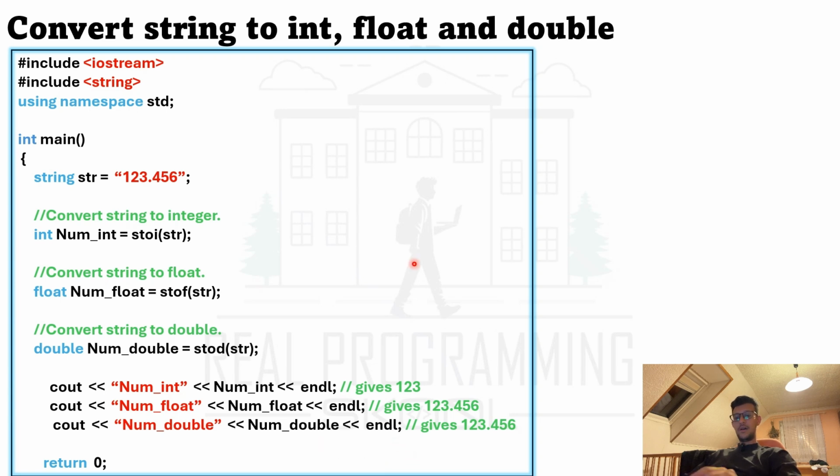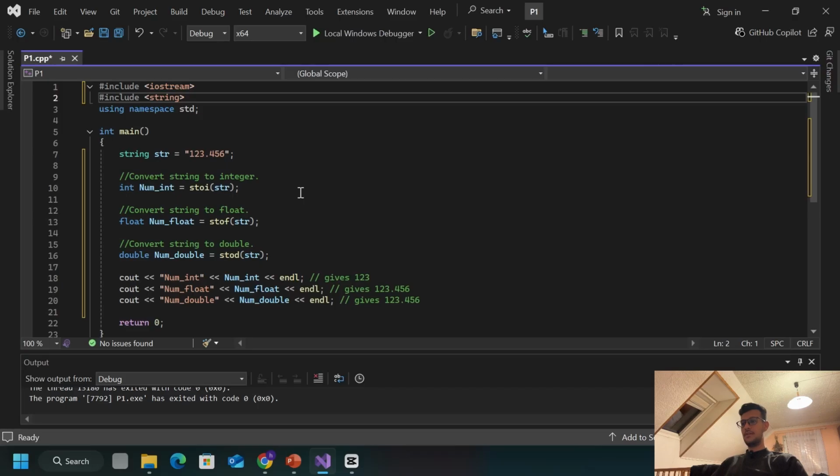Same with the double. And now let's go to Visual Studio to see how this program is going to work. All right, this is our program. We said here string str, declare the variable after we define the string data type, equal to 123.456 between double quotation marks. Now we want to convert this number from string to integer.